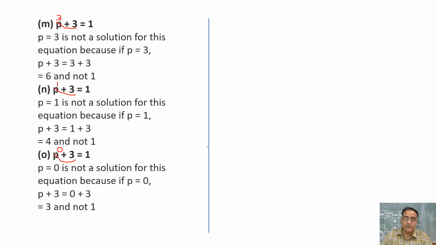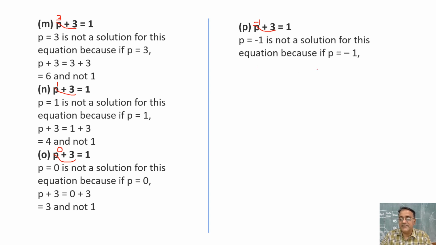And two bits are left. For p + 3 the value given is minus 1. If we substitute minus 1, we are getting 2. Okay, we are getting 2, not the required value. So therefore p = -1 is also not a solution for this equation, because if we substitute p = -1, we are getting 2.